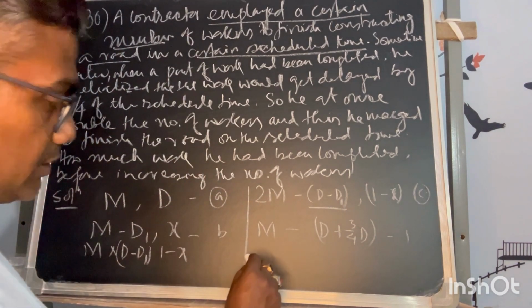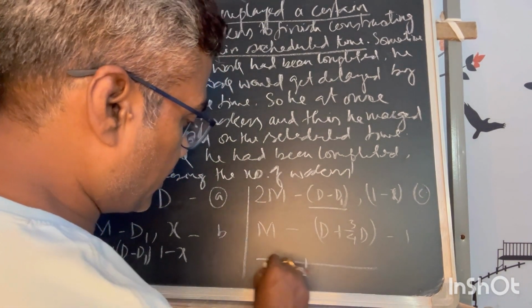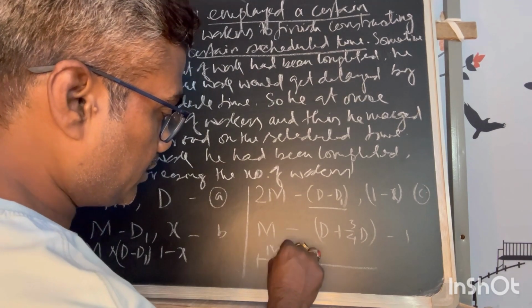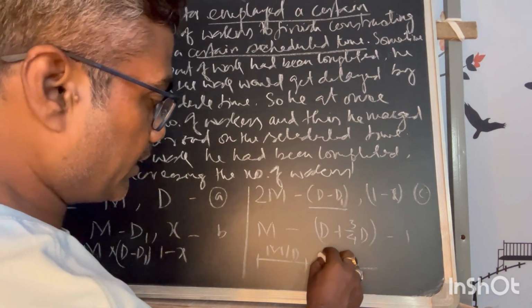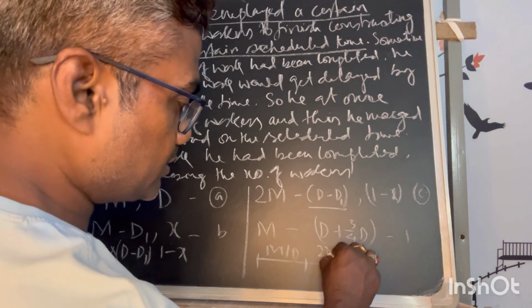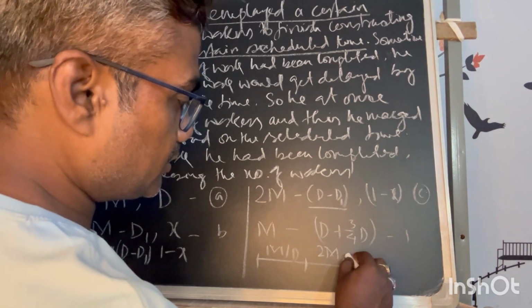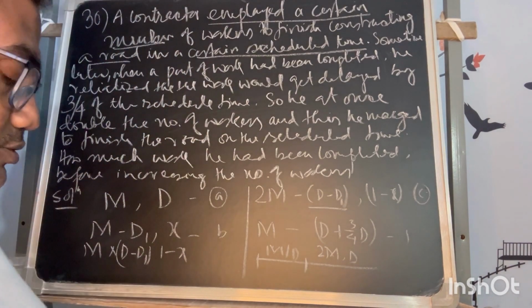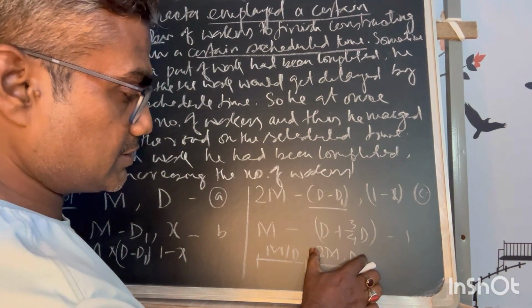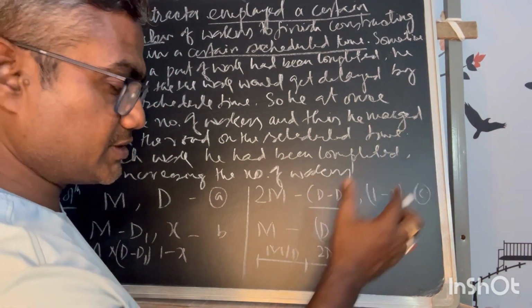So in the complete job, some part he is doing with M manpower and the assumed date D, and the next part he is doing with a changed manpower, with the assumed date of completion still D. So this is improvising.